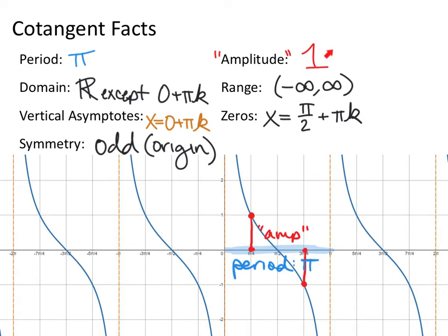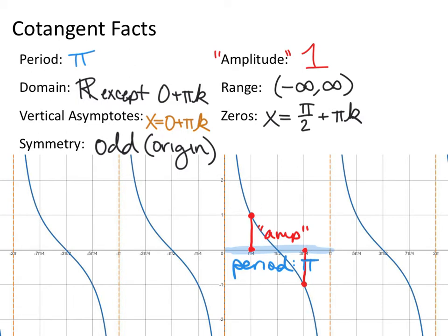And if the a value, the vertical transformation, is more than 1 or less than 1, then this number will change how high or low you graph that coordinate. So it's amplitude with air quotes. The domain is all real numbers except for the vertical asymptotes, which appear at 0, and then a repetition of every pi after that. The range is, again, all real numbers because it's unbounded at the top and the bottom.